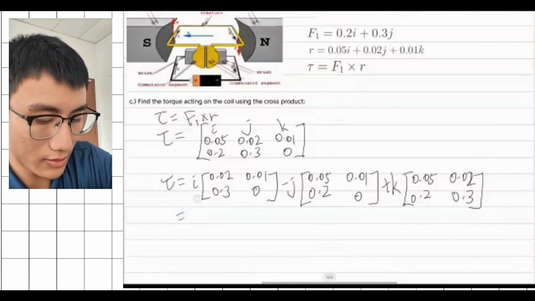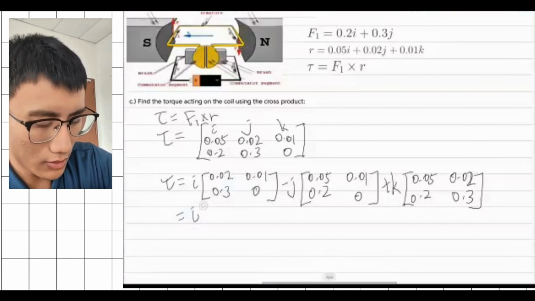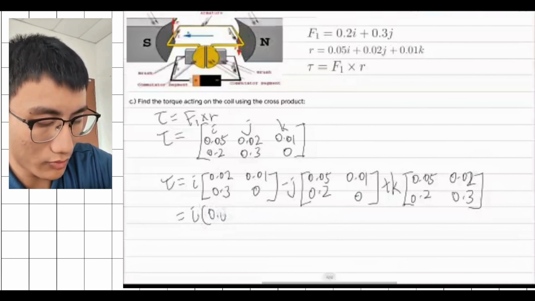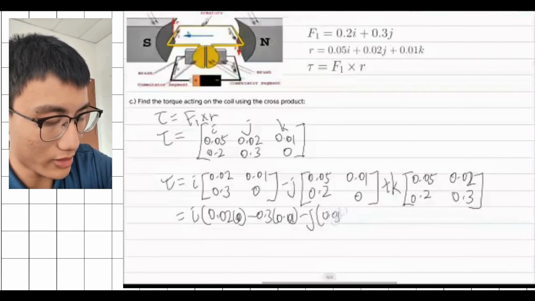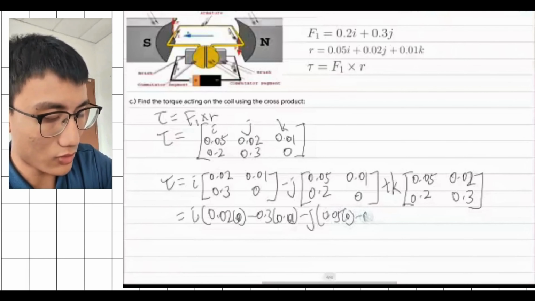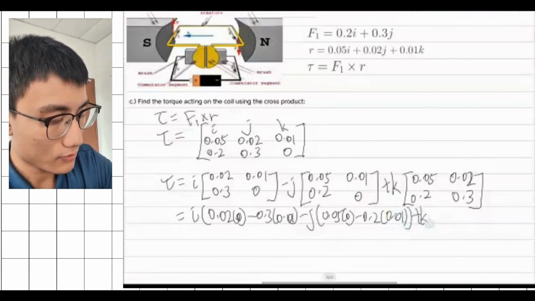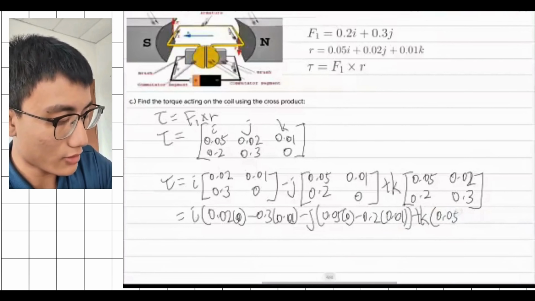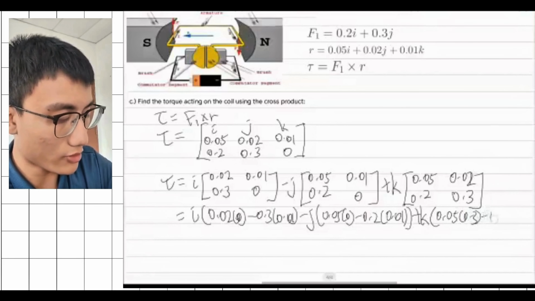Then we need to cross multiply it like this: 0.02 multiplied by 0 minus 0.3 multiplied by 0.01, minus j, 0.05 multiplied by 0 minus 0.2 multiplied by 0.01, and plus k, 0.05 multiplied by 0.3 minus 0.2 multiplied by 0.02.